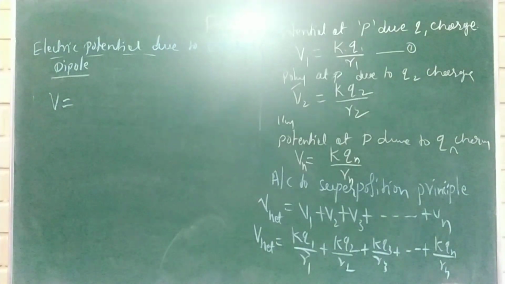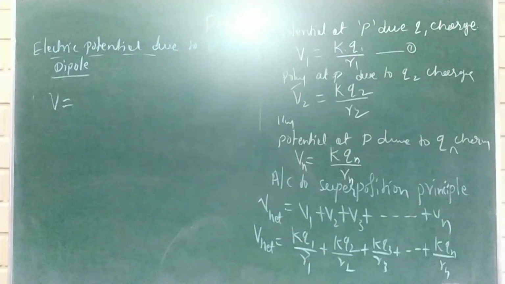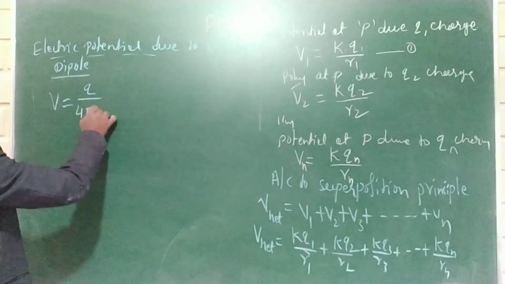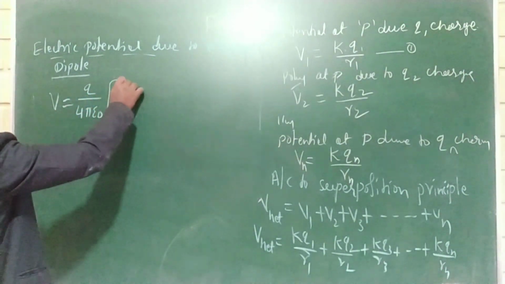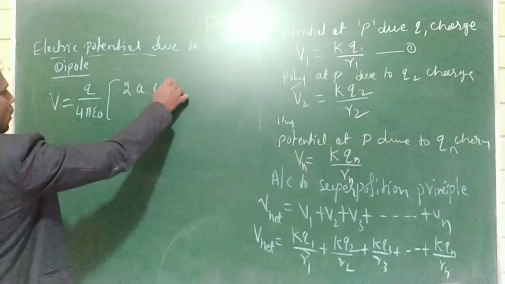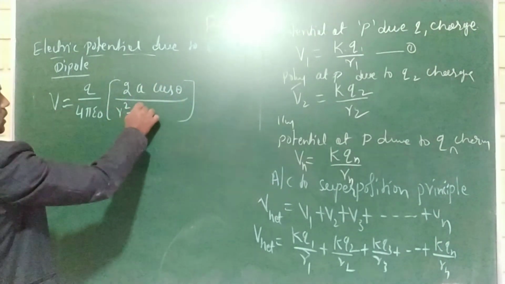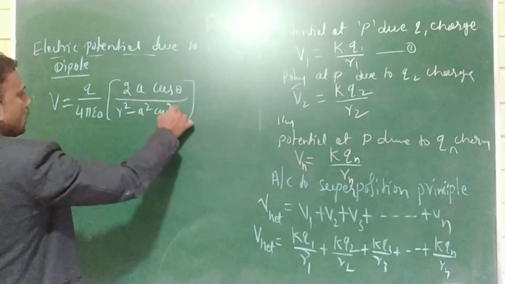V is equal to Q divided by 4 pi epsilon naught, 2a cos theta divided by r square minus a square cos square theta.